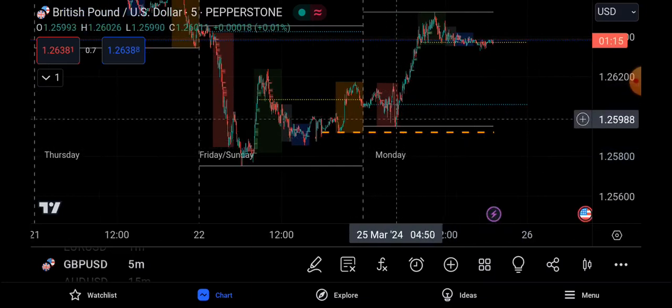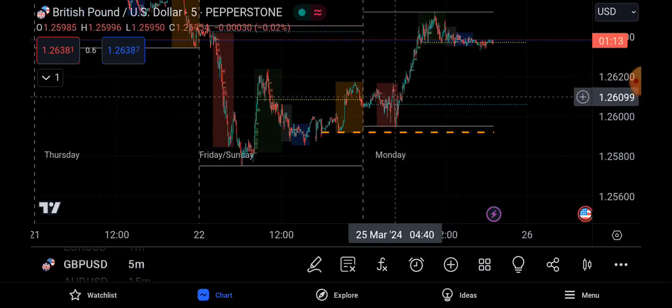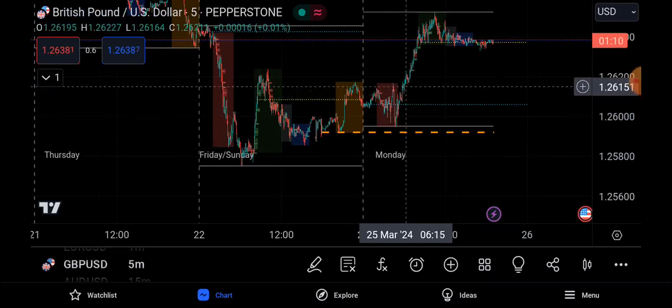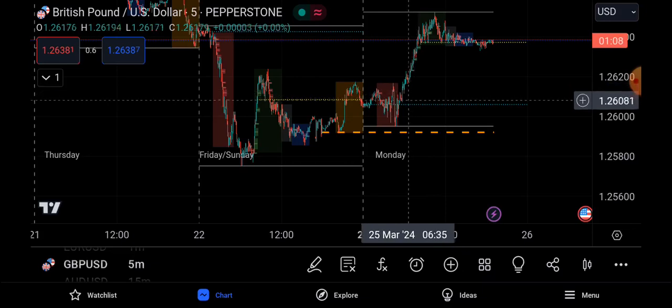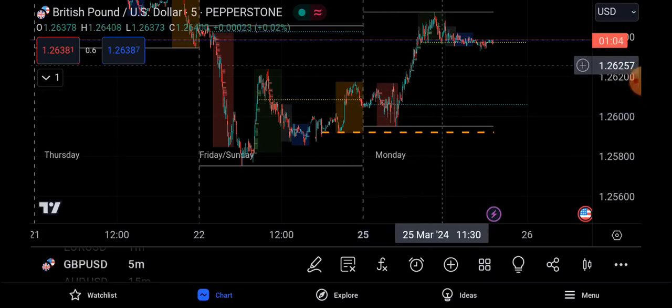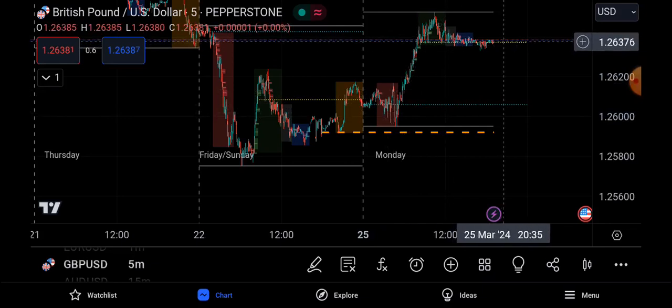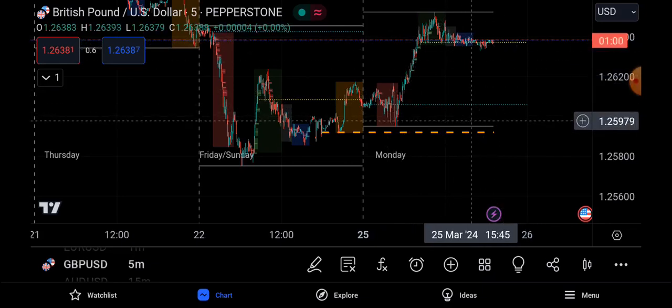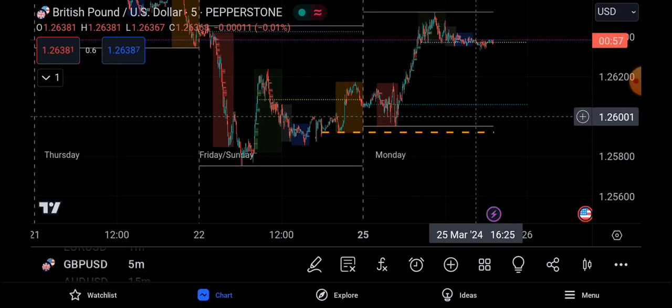What made me, I wasn't too sure on whether I should be looking for buys, because remember, as I said earlier, I like to see London push below the New York midnight, which is this blue line, and I like to see the 8:30, the yellow line, open down here if I'm expecting a bullish day.